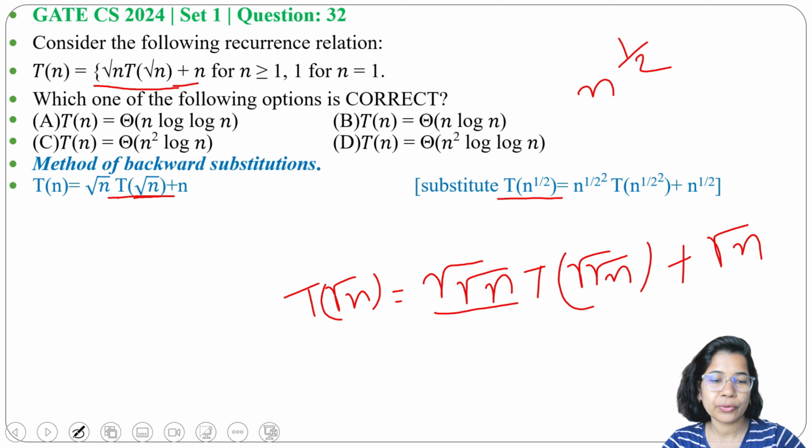So this root of n we can write as n power 1 divided by 2 square, and root n as n power 1 divided by 2.